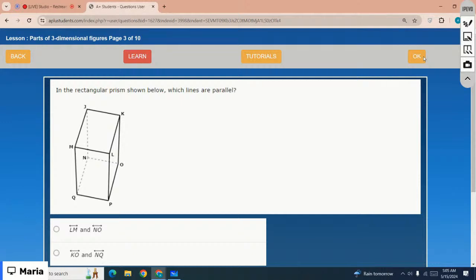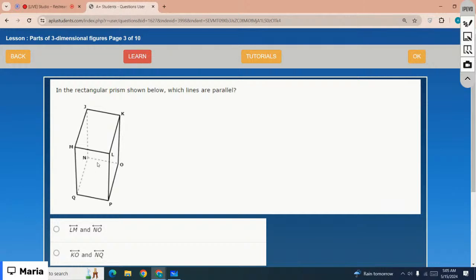In the rectangular prism shown below, which lines are parallel? Parallel lines are the ones that are in the same plane and never intersect each other. So LM and ON are parallel.